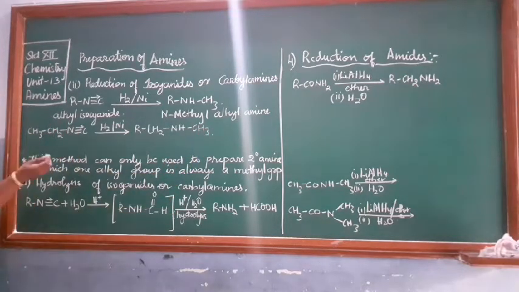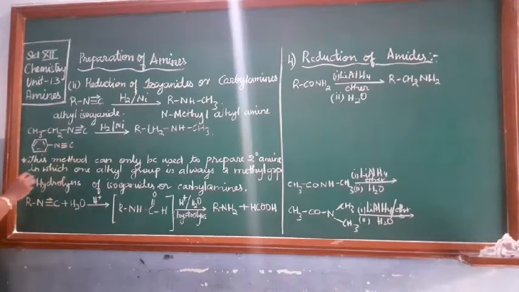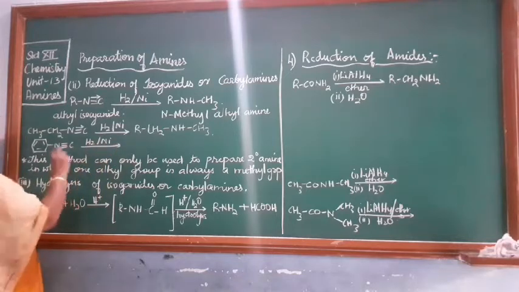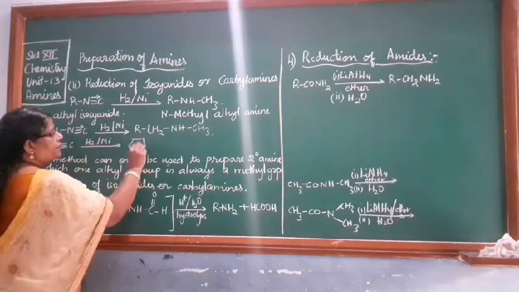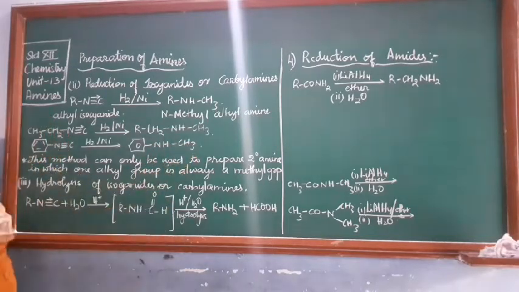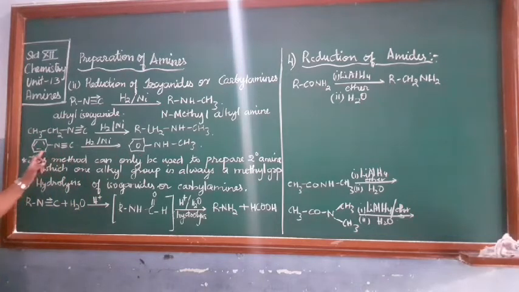ठीक है, अगर हम एक aryl compound ले लेते हैं जैसे बेंजीन रिंग विद N triple bond C, then in presence of H2 Ni, then what you will get? Benzene ring, okay, and NH CH3, okay, this will be N-methyl aniline. ठीक है, so this is the phenyl isocyanide and this is ethyl isocyanide.